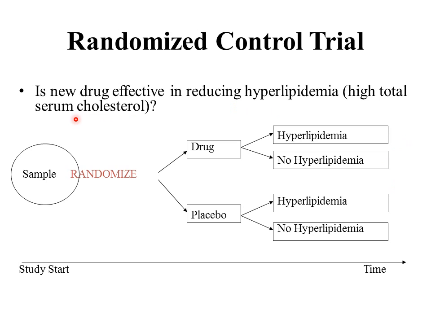In this case, we're testing a new drug for efficacy in reducing hyperlipidemia. And so we monitor them over time to determine whether they develop hyperlipidemia or not. We can collect data here and then analyze it to determine, is our new drug any more effective than a placebo.